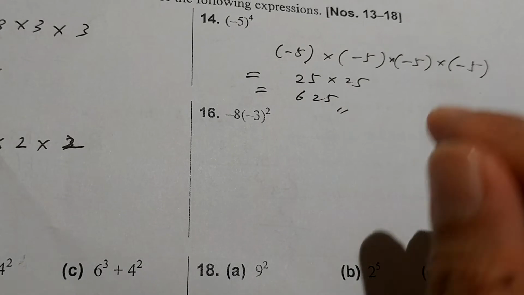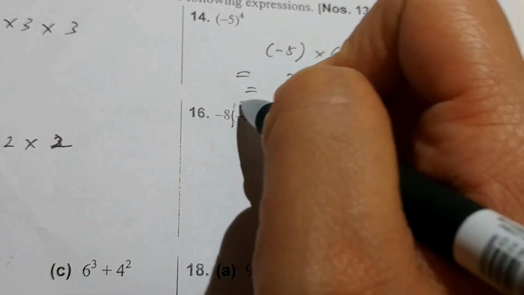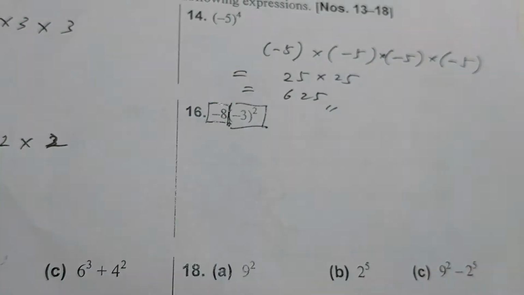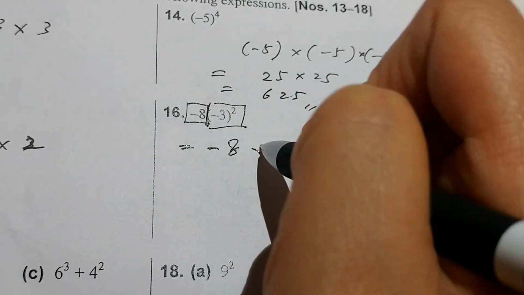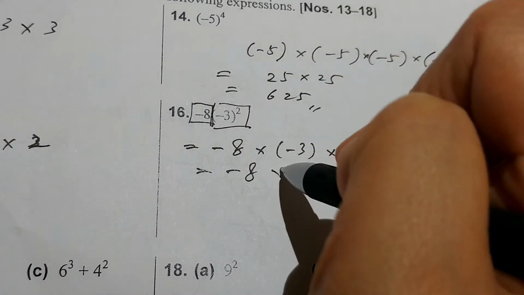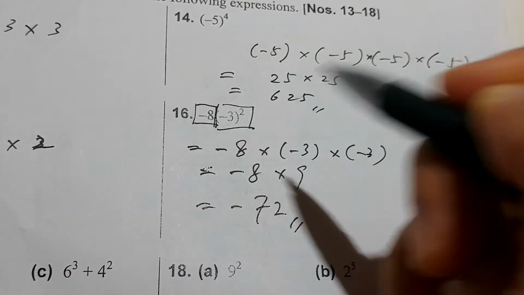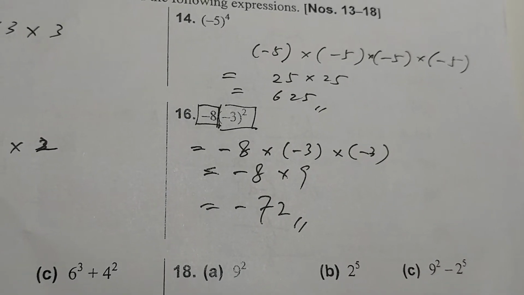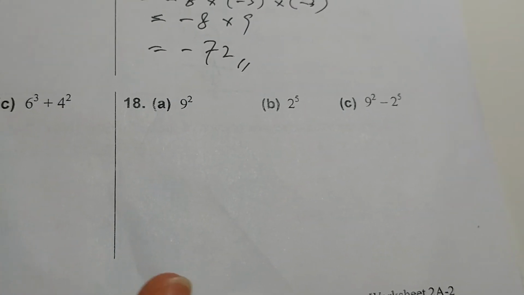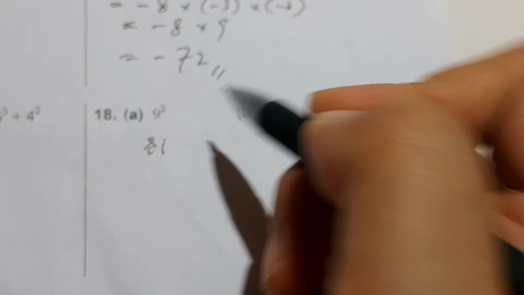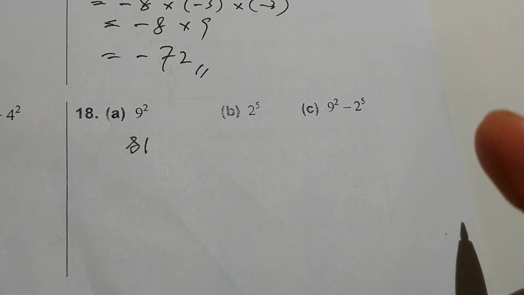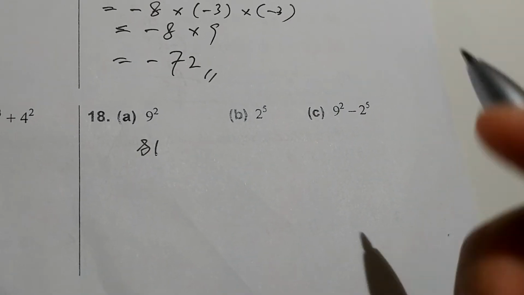So for number 16, that means minus 3 has a square, but minus 8 has no square. So it means minus 8 times minus 3 times minus 3. It is minus 72. For 18, you know that 9 squared is 81. 2 to the power of 5 is 2, 4, 8, 16, 32.